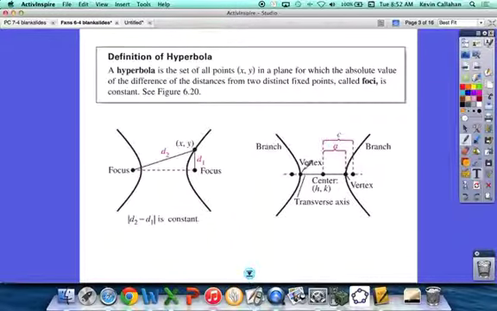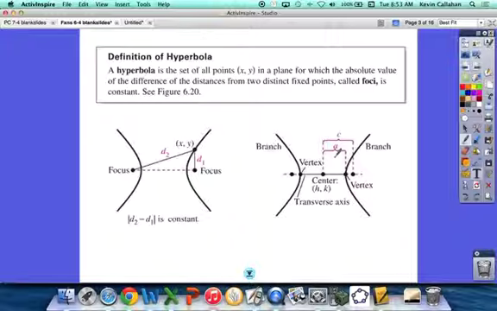There's a vertex, there's a vertex. The center is halfway in between the two vertices. This time we don't call it a major axis, it's called a transverse axis.